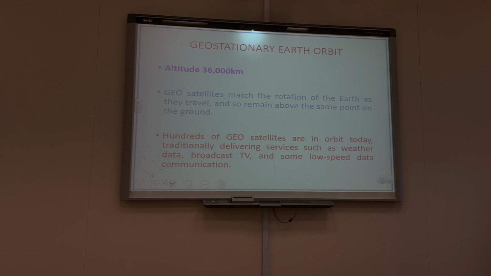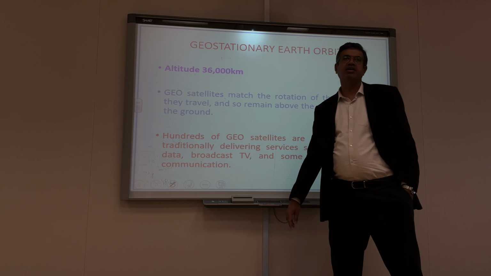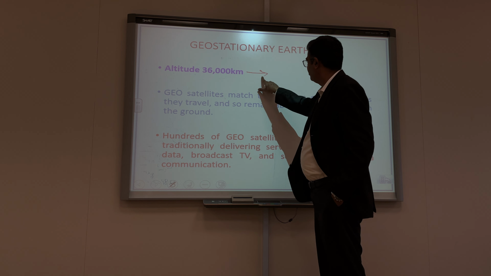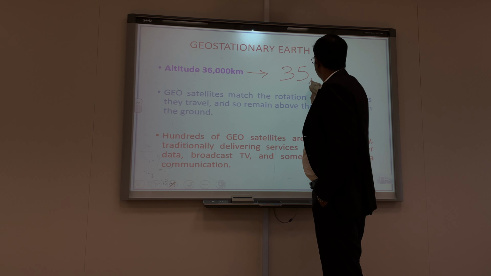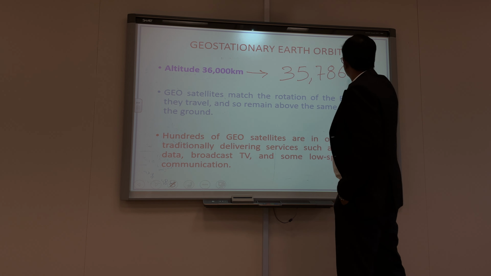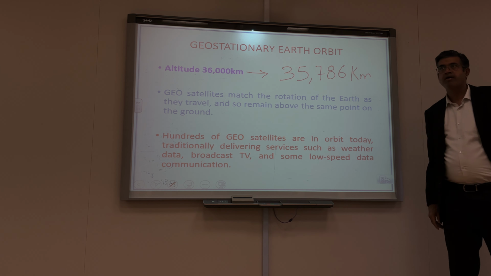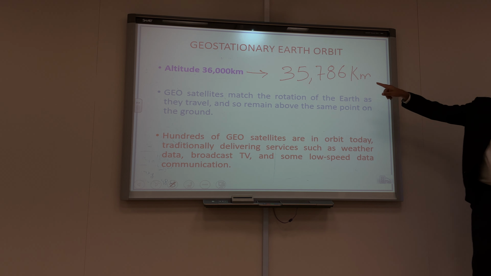So, the height of the geostationary orbit is 36,000 kilometers above the Earth's surface. Very precise, it is 35,786 kilometers above the Earth's surface. Now, look at this carefully.